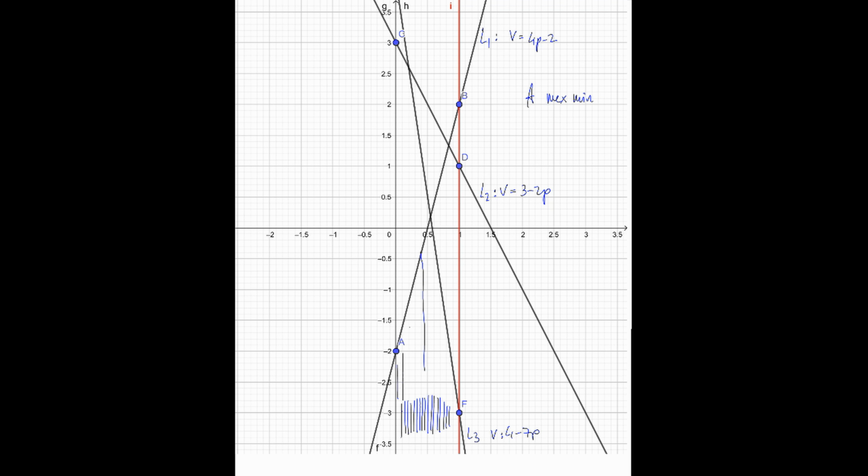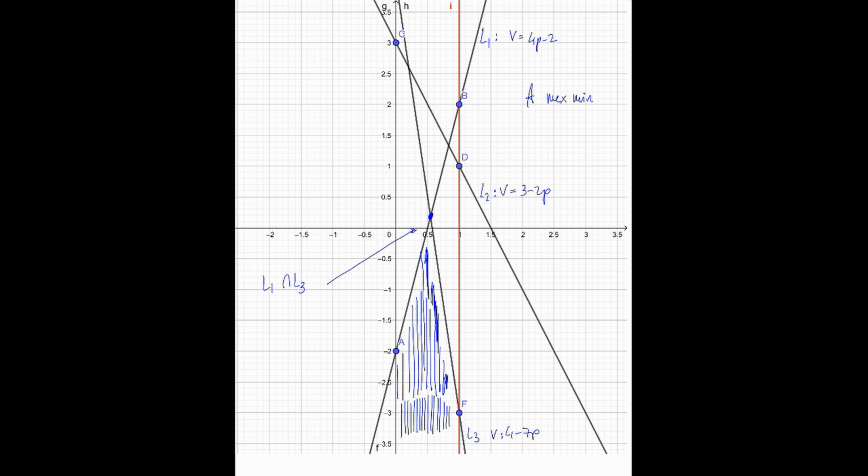So all the possible gains for A that B cannot prevent are up to here, and this is the maximum gain for A, which is the intersection of L1 with L3. This is the maximum gain that B is going to allow A to get.